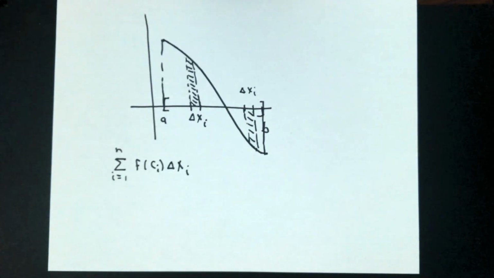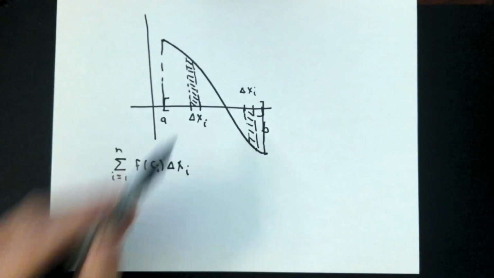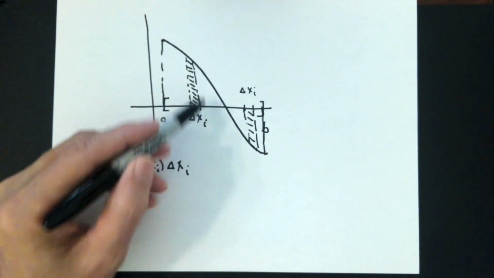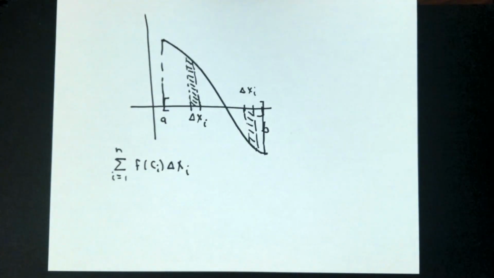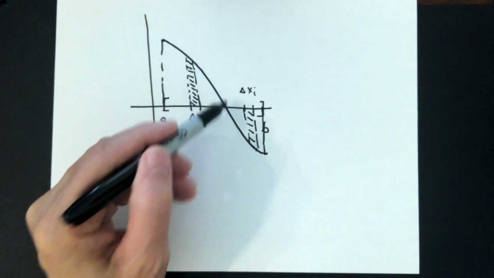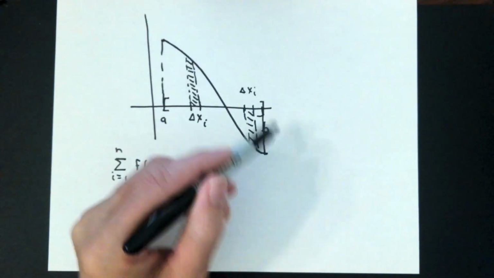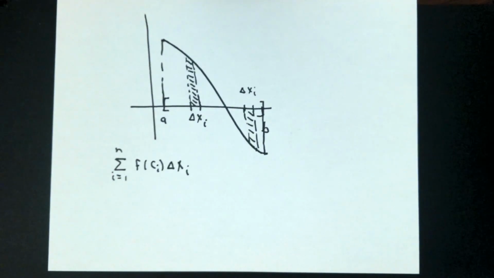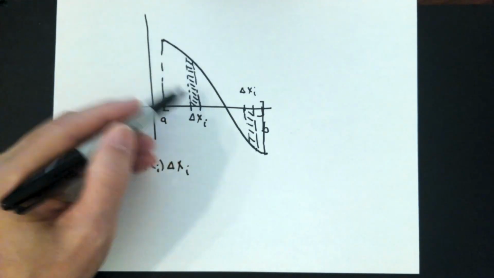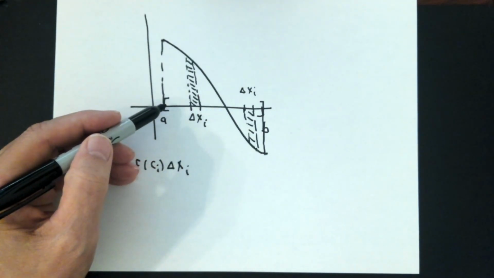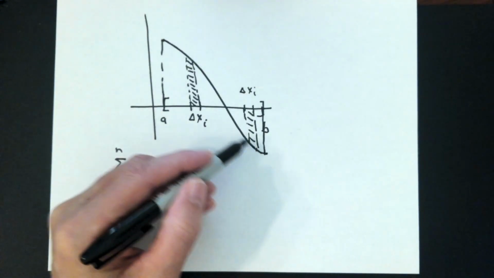If I were to add up many such things, when I'm over here, I'll be adding up positive terms. When I'm over here, I'll be adding up negative terms. What I'll end up with after I take the limit is the amount of area above the x-axis minus the amount of area beneath it.